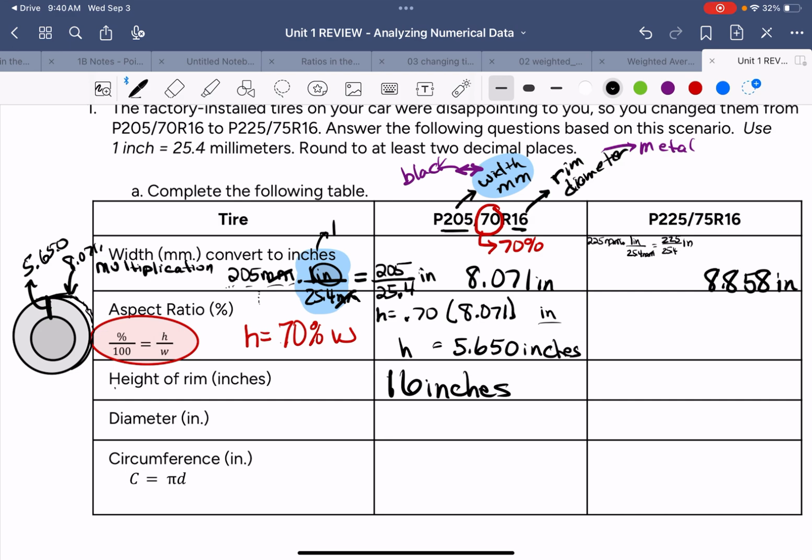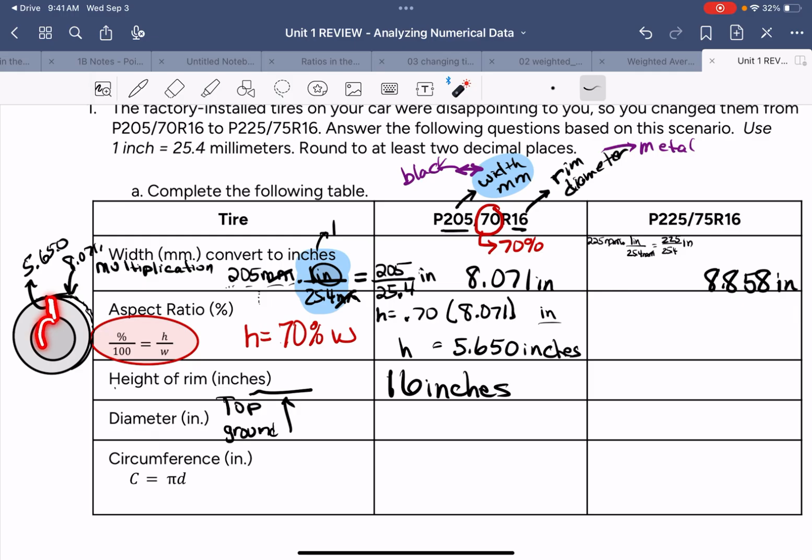So now we want the whole diameter of the tire. This is the whole wheel. This is from the ground up to the top. Probably should write ground at the bottom. The ground up to the top, what is that height? Okay? So we're going to look at that and we're going to go, how far is it from the ground up to the top? Well, if we look at this again, we see we have 5.650.